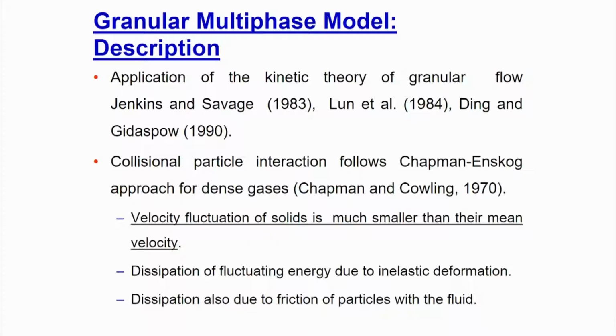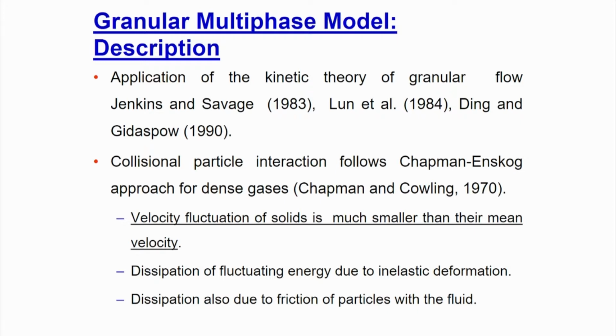So, basically the kinetic theory of granular flow is very close to the Chapman-Enskog theory. It is not very close to the kinetic theory of ideal gases, but it is very close to the Chapman-Enskog theory, which, if you remember from your kinetic courses, is for the real gas.